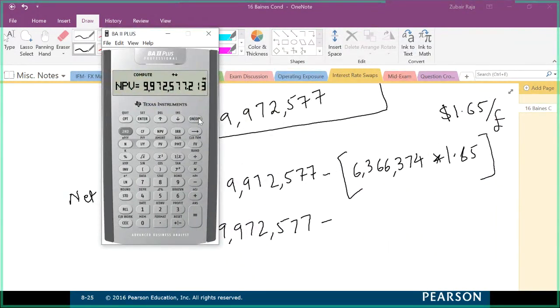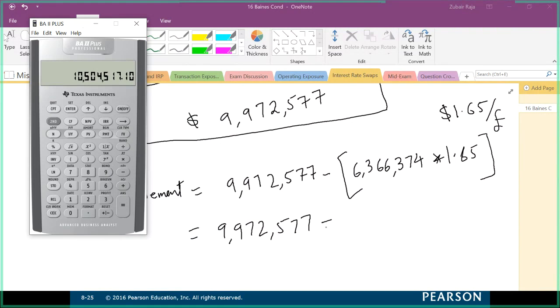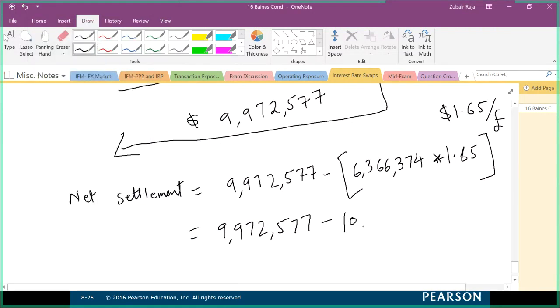So we have 6,366,374 multiplied by 1.65. So we have almost 10 million 500 4,517.